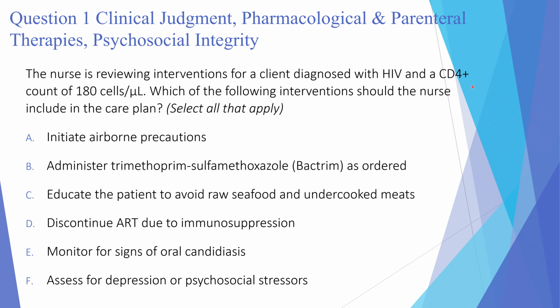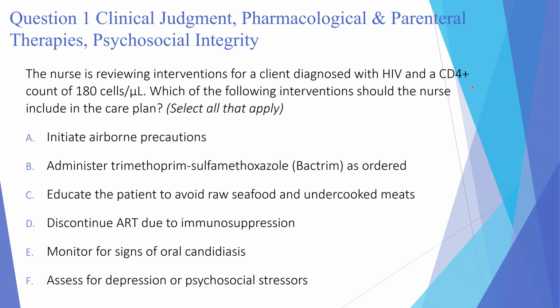Which of the following interventions should the nurse include in the care plan? Initiate airborne precautions, administer Bactrim as ordered, educate the patient to avoid raw seafood and undercooked milk, discontinue ART due to immunosuppression, monitor for signs of oral candidiasis, assess for depression or psychosocial stressors.